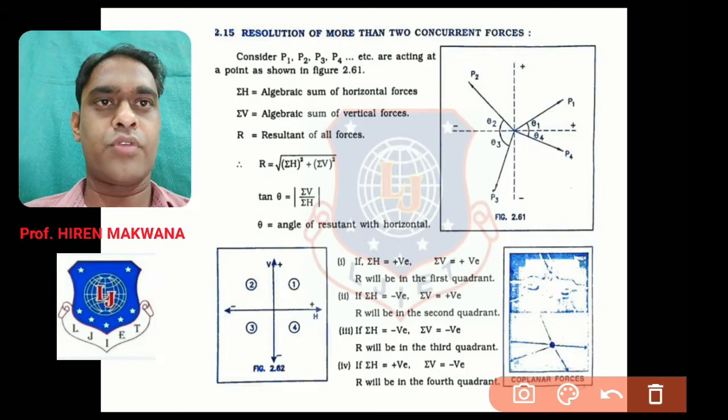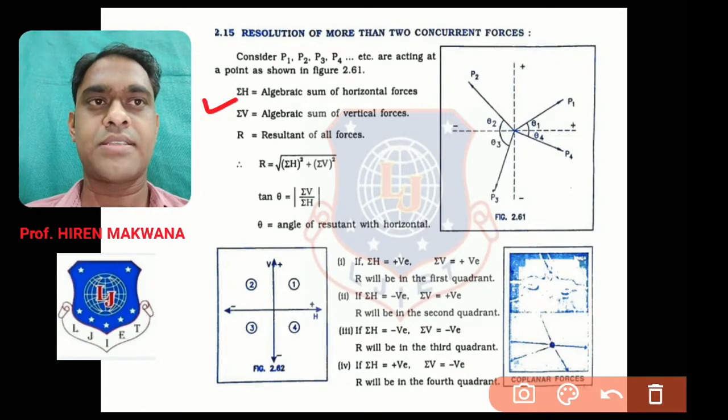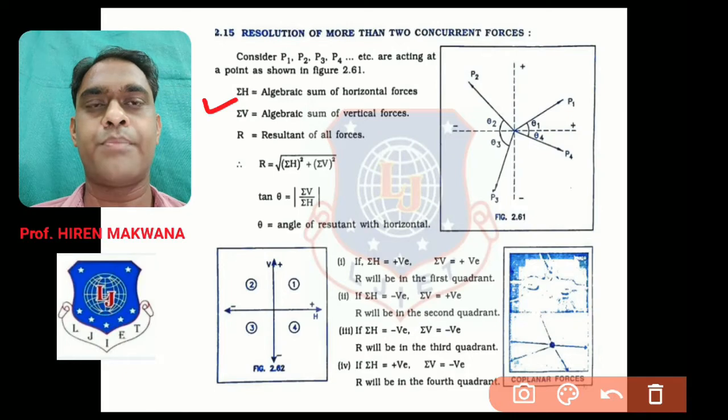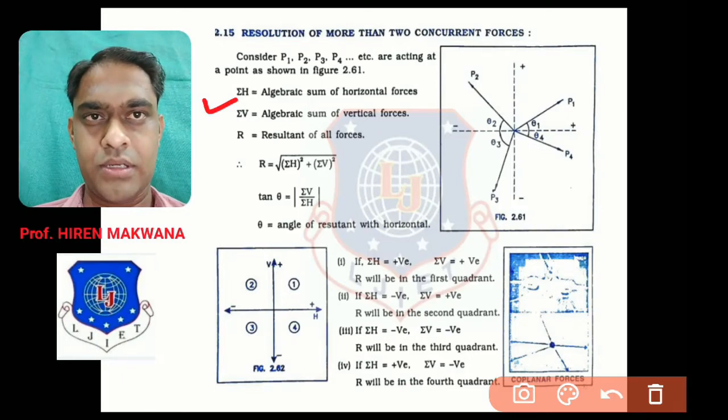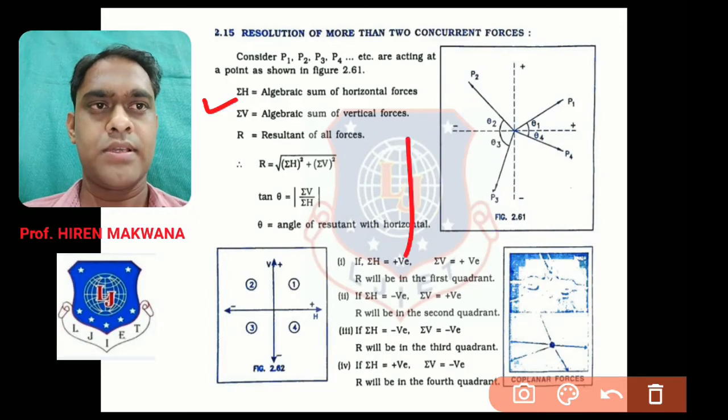Consider these four forces and you have to find two values. First one is sigma h, means algebraic sum of horizontal forces. Okay, means addition of horizontal components of the forces. You may understand horizontal components. Suppose this is the axis.